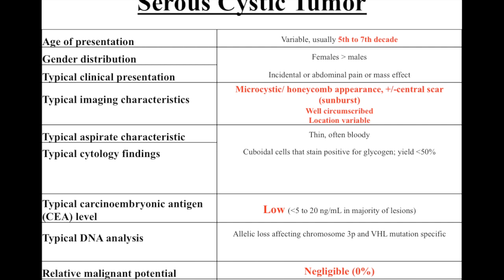Serous cystadenomas can be distinguished from their mucinous counterparts as they have that microcystic or honeycomb appearance, and some of these lesions can have a central scar. These are typically well circumscribed lesions. If the lesions are larger and can't be well defined on CT, then the patient typically ends up in the endoscopy suite for FNA and fluid analysis, which will show low CEA and low amylase levels.